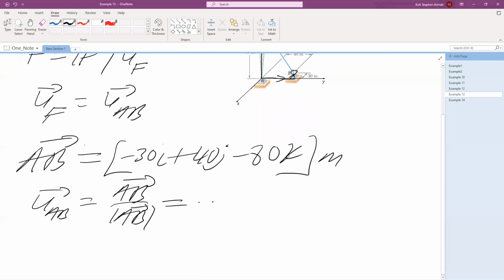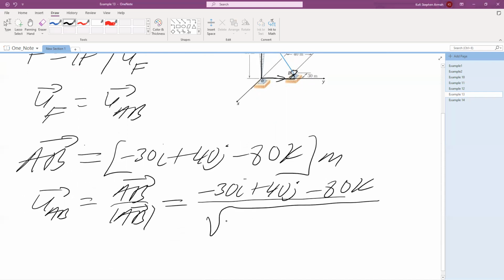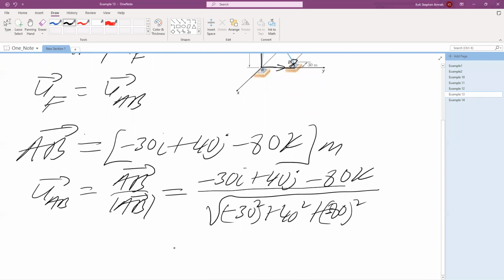So this is minus 30 I plus 40 J minus 80 K over the square root of (minus 30) squared plus 40 squared plus (minus 80) squared. We already did this.